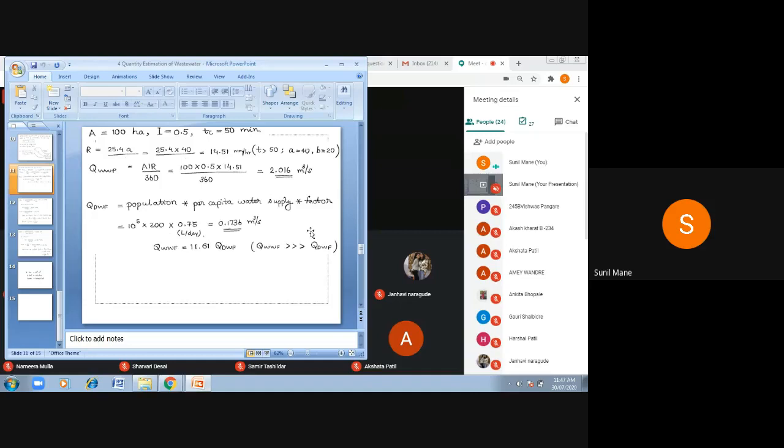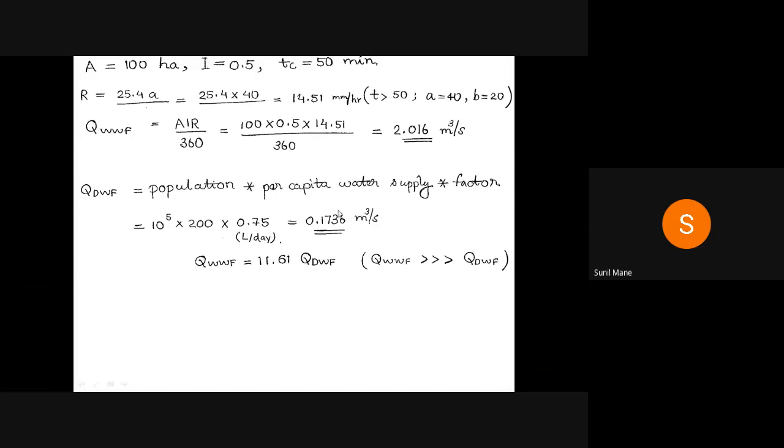So those details also we should have, because it all depends on the actual area of collection. And the second one is the drinking water flow. Depending upon the drinking water flow, there would be sewage coming out. So all these details we should be in a position to calculate and understand.